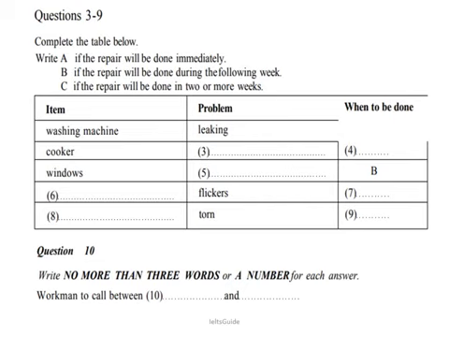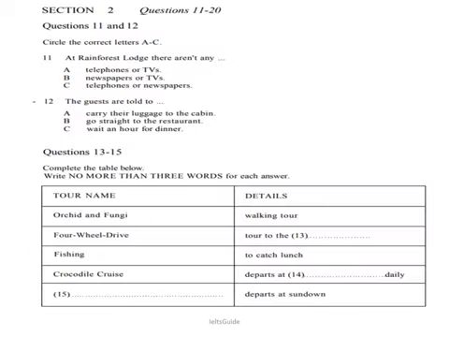Now turn to section 2. Section 2. You will hear a recreation officer at a holiday resort telling the guests about their accommodation and the activities available. First, you have some time to look at questions 11 to 15.